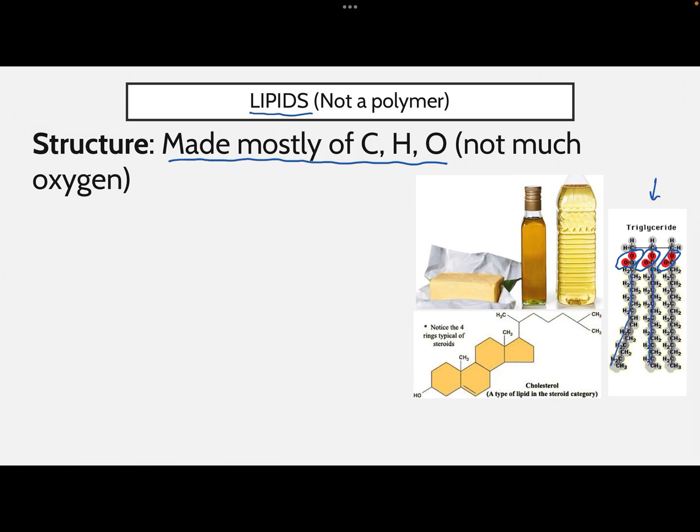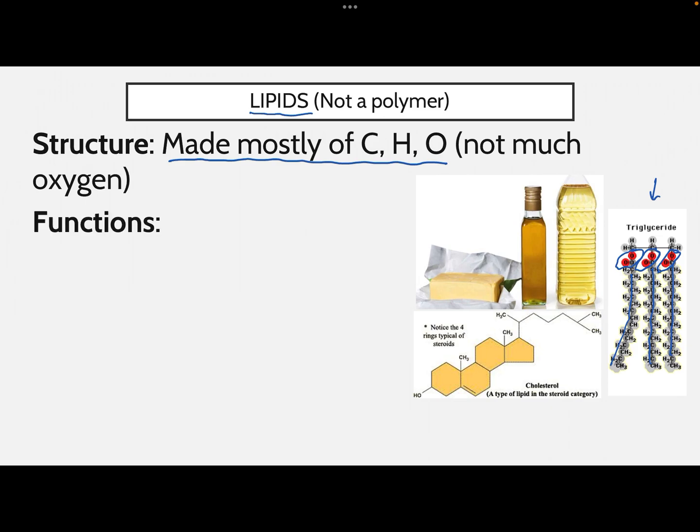So there's a long chain of carbon there, there, and there, and each of those long chains only has two oxygens in it. There's not a ton of oxygen. In terms of composition, that's the biggest difference between lipids and carbohydrates. In terms of function and structure, it ends up being dramatically different. These molecules don't look alike, nor do they function the same way.